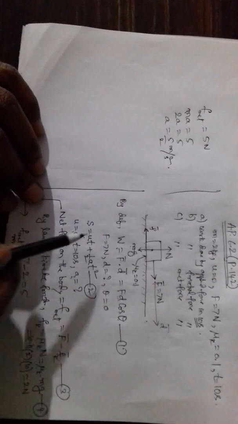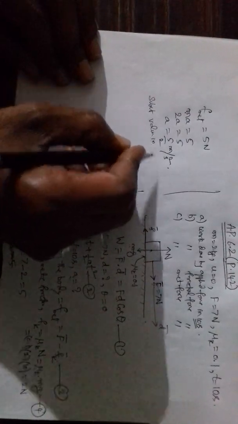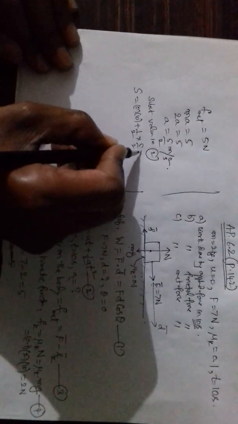So let us substitute the values into s is equal to 0 times 10 plus half times 5 by 2 times t square.